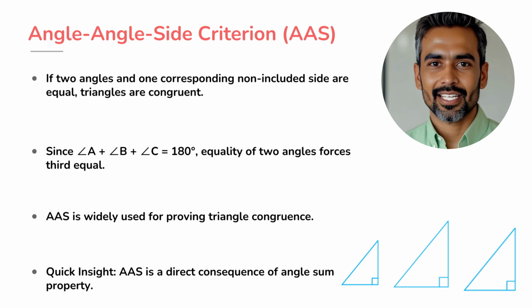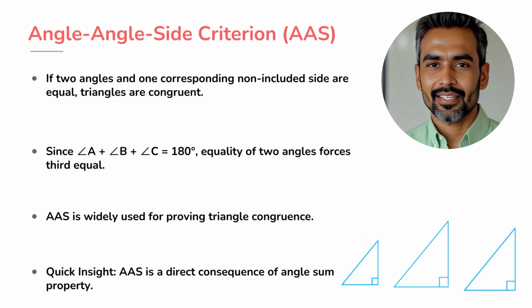The sum of the three angles is 180 degrees. So, if two angles are already equal, the third angle is automatically forced to be equal as well. This makes AAS almost a natural extension of the ASA rule. That's why AAS is widely used to prove congruence in problems where we know two angles and one side.